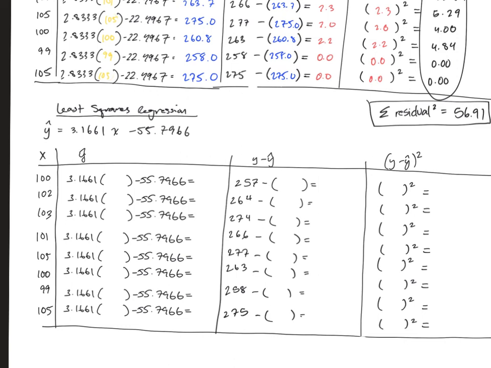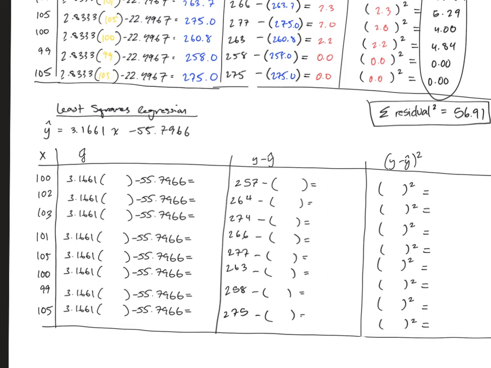So we're going to fill in the x values, plug them into our equation to find the matching predicted y values. After that, we'll take the subtraction between our predicted y values and the actual observed ones, which are from our data chart above. And then with that answer, we'll square them. Lastly, we'll take those answers and find the sum.